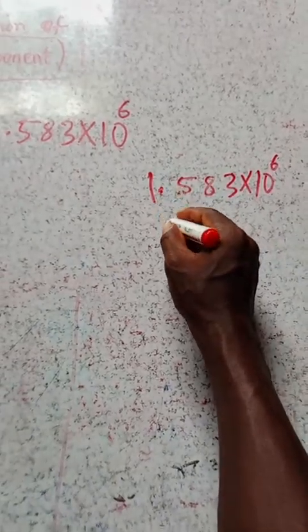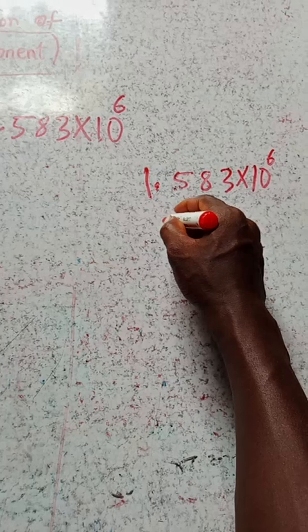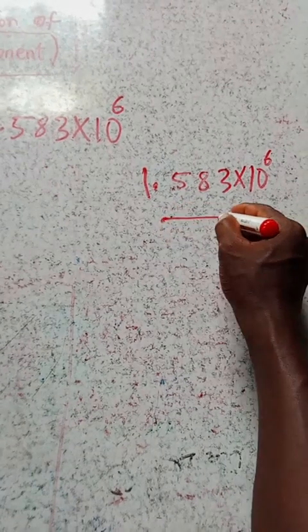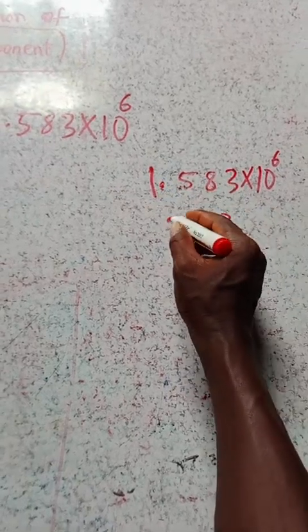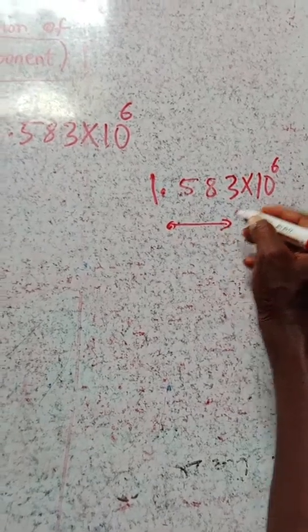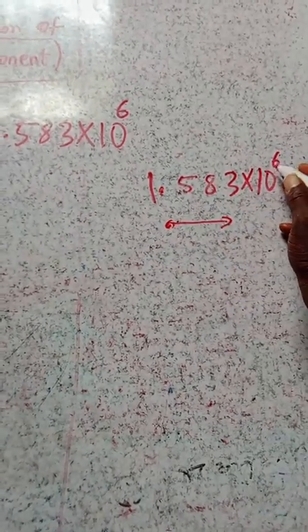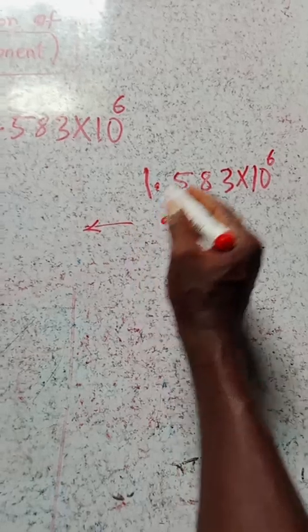When we reduce the power, the decimal point is going to go to this direction. Are you getting it? The decimal point has to go this direction so that it will be reducing the power. But if we go the other direction, it will be increasing the power. Now look at this.